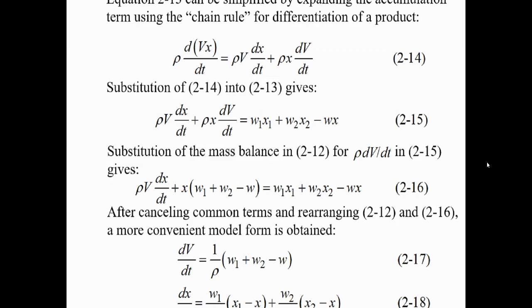Cancelling the common terms and rearranging equations 2.12 and 2.16, a more convenient model form is obtained: dV/dt equals 1 over rho times (w1 plus w2 minus w), and dx/dt equals w1 over V rho times (x1 minus x) plus w2 over V rho times (x2 minus x), equations 2.17 and 2.18 respectively.